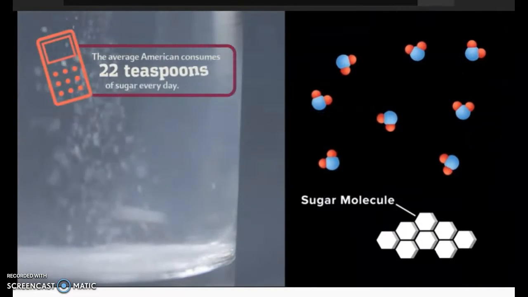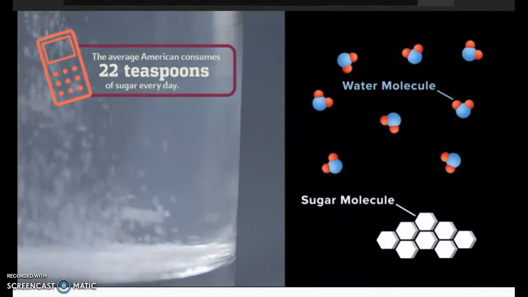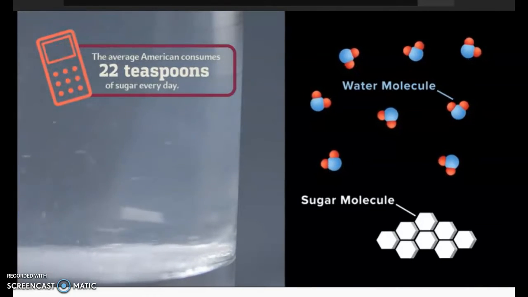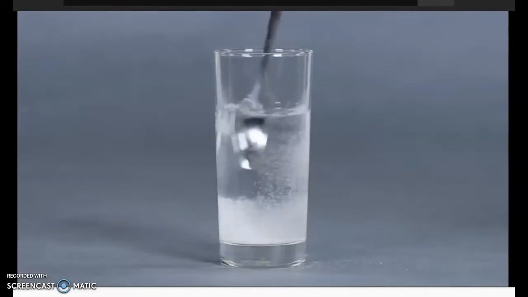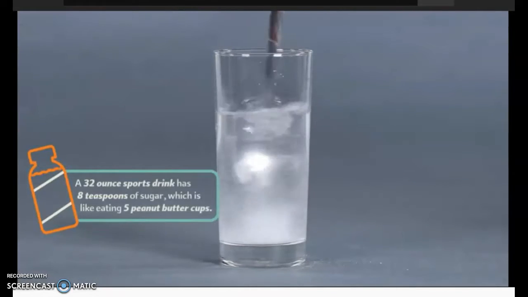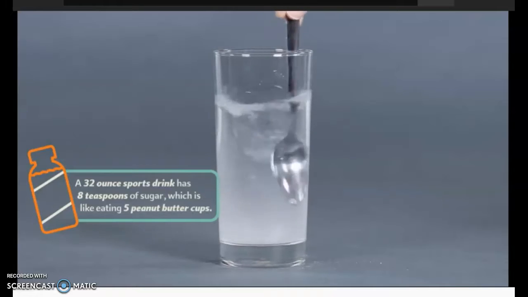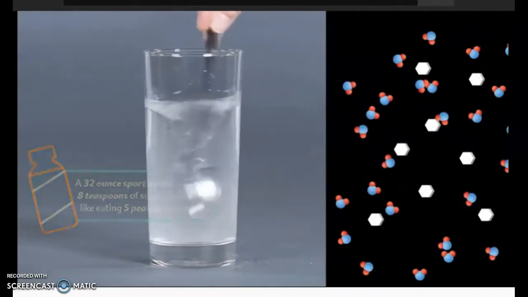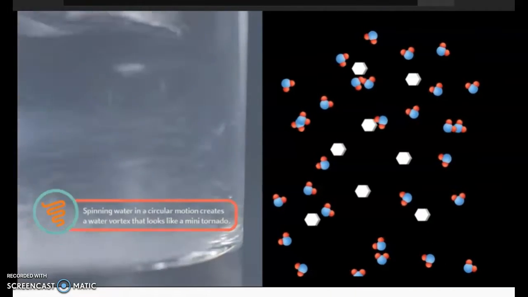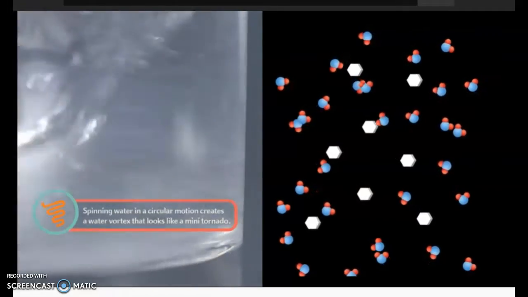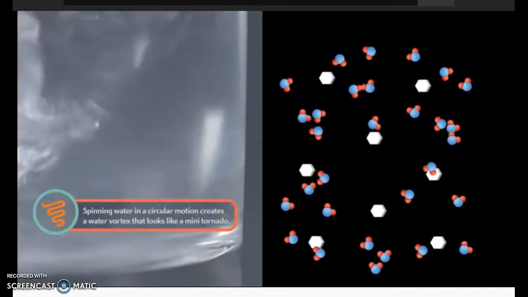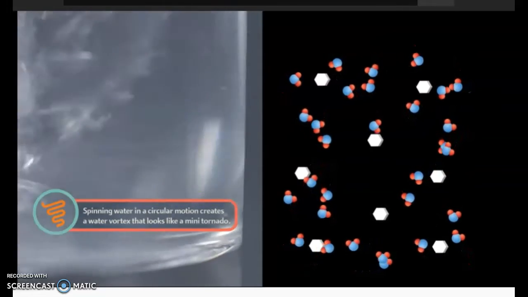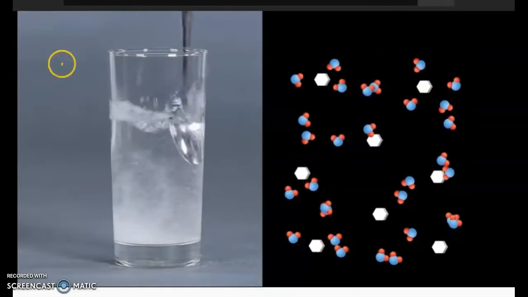We see here sugar being added to a glass of water. As the water is agitated and the molecules are mixed together, the water molecules begin to envelop the sugar molecules as they're attracted to them. Like is attracted to like.